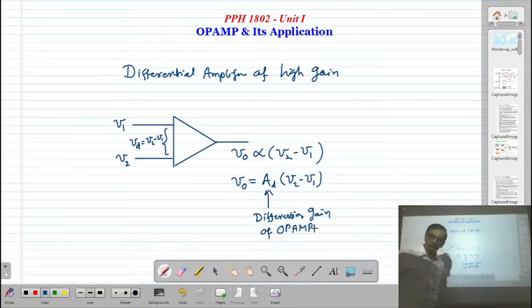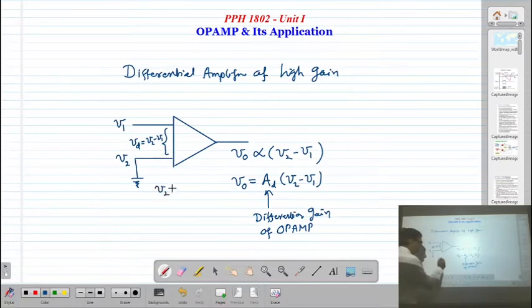Now if I want to use this as a simple amplifier, means if we have only one input, then one of the inputs, if I connect to the ground, means my V2 is going to be 0. So in this case, V2 is equal to 0, then we can write the output voltage is equal to AD into V1. It will work as a simple amplifier.